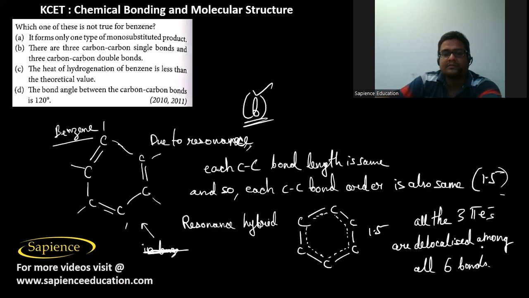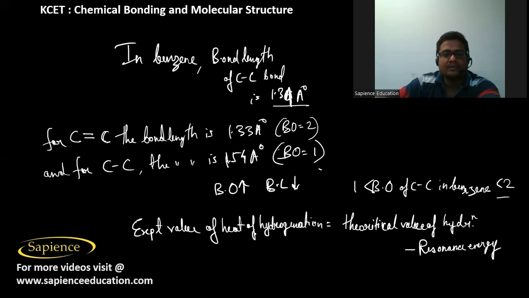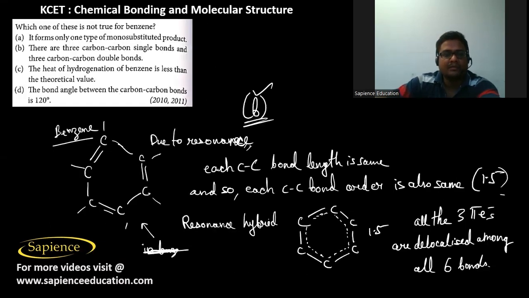The experimental value is less than the theoretical value, since there is resonance in benzene and the resonance energy in benzene has a significant value. And the bond angle between the carbon-carbon bonds is obviously 120 degrees only.